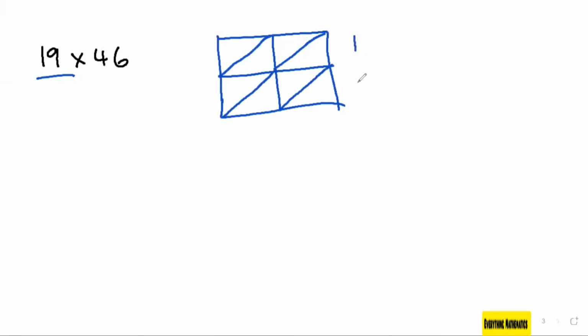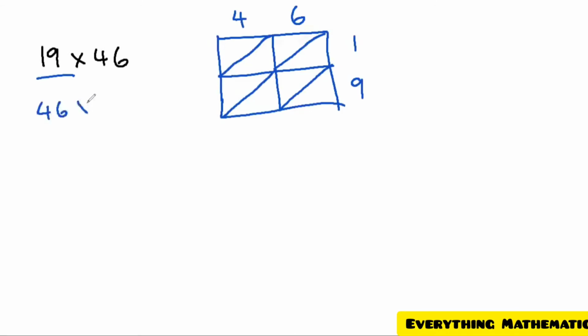We know that multiplication is commutative. As a result, it does not matter whether you put one number before the other, you will get the same answer. In other words, 19 multiplied by 46 is the same thing as 46 multiplied by 19. And because of that lovely property, when you're doing the lattice method, you don't have to hurt your head as to which number you put where.